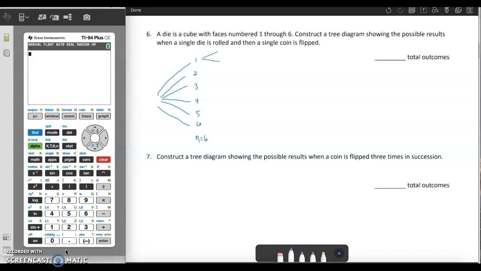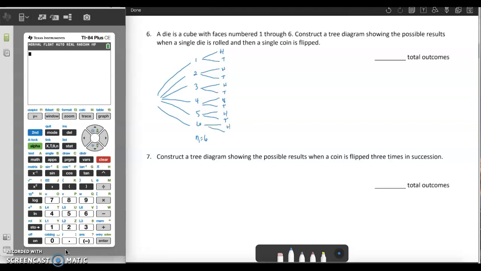So off of each one of these, so off of the 1, I branch off twice and I label them H and T for heads and tails. And I do the same thing off of the 2 and the 3 and the 4 and the 5 and the 6.